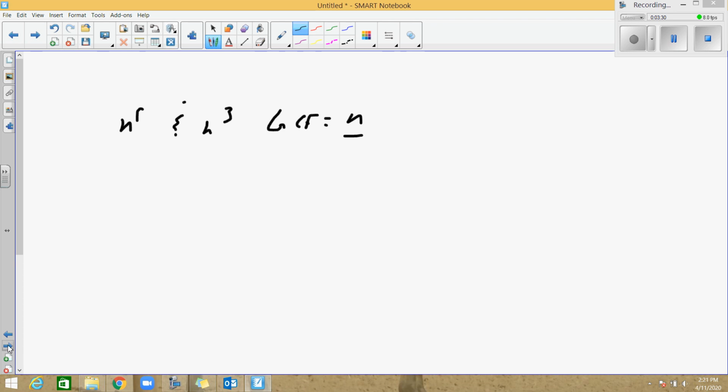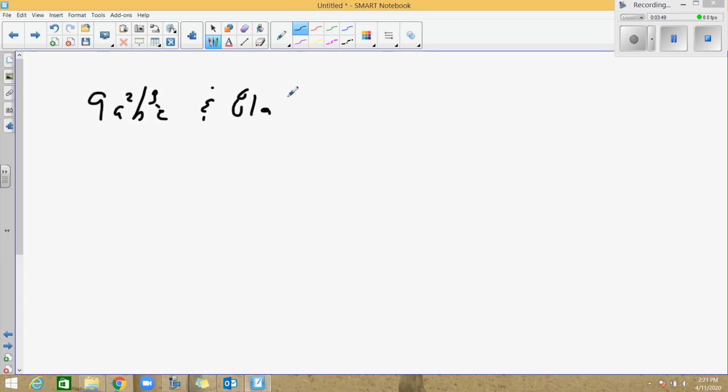A couple more examples here. Let's say I have numbers and letters: 9a squared b cubed c, and 81a b squared c cubed, and I want to know the greatest common factor.